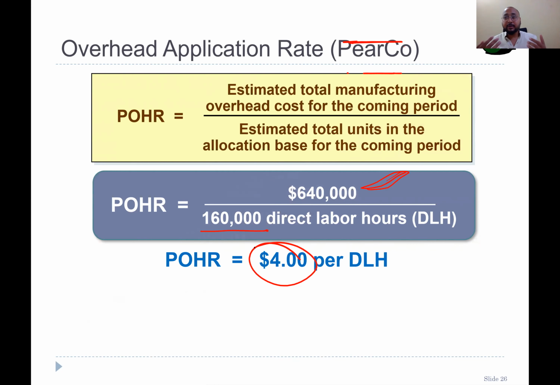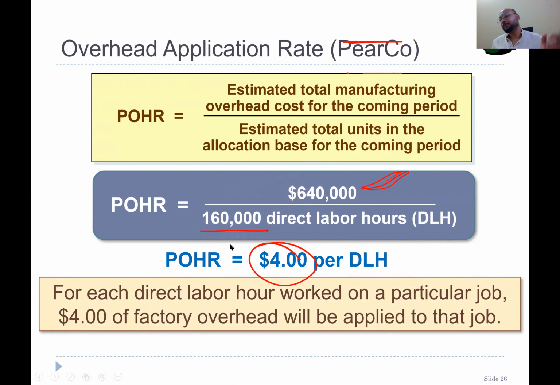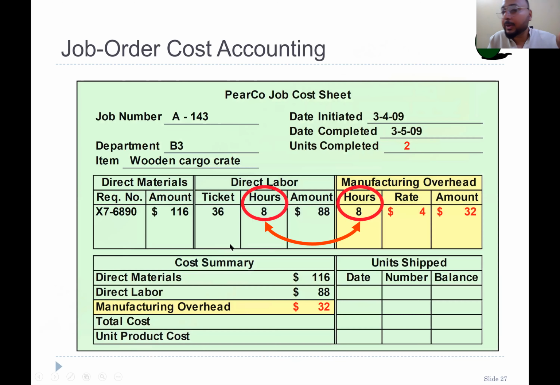Before going into the production of making wooden crates, they use the predetermined overhead rate, which is based on direct labor hours. So 8 direct labor hours are used to make the crates, to make this job. 4 is the predetermined overhead rate. So 32 would be your overhead in this one.